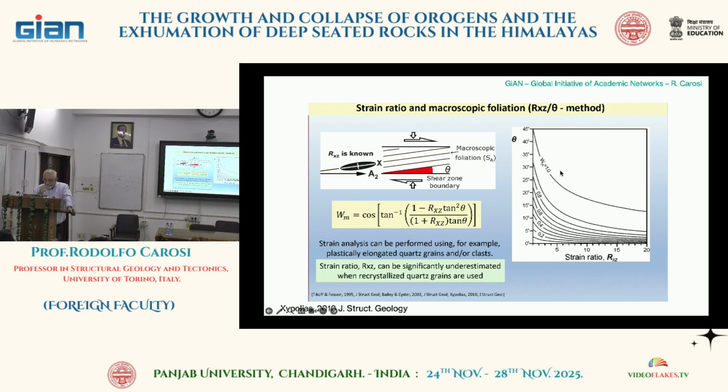In this kind of graph you can mix the axial ratio and the angle. You obtain the axial ratio of the finite strain ellipsoid here, and the angle between the long axis and the shear zone. You can put in this graph, for example, a strain ratio of 10 and an angle of 10 degrees.